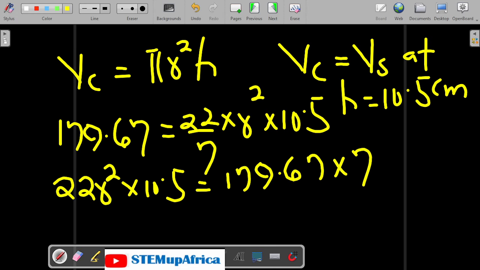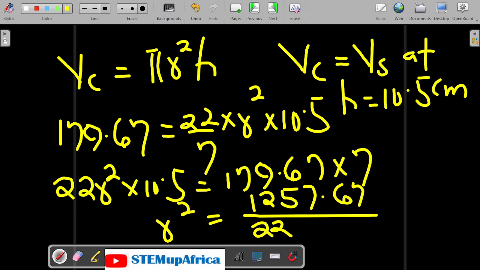So multiplying them, I'm having r squared to be 1257.67 divided by 22 times 10.5. So let's divide by 22, divide by 10.5. So we are having 49 over 9.